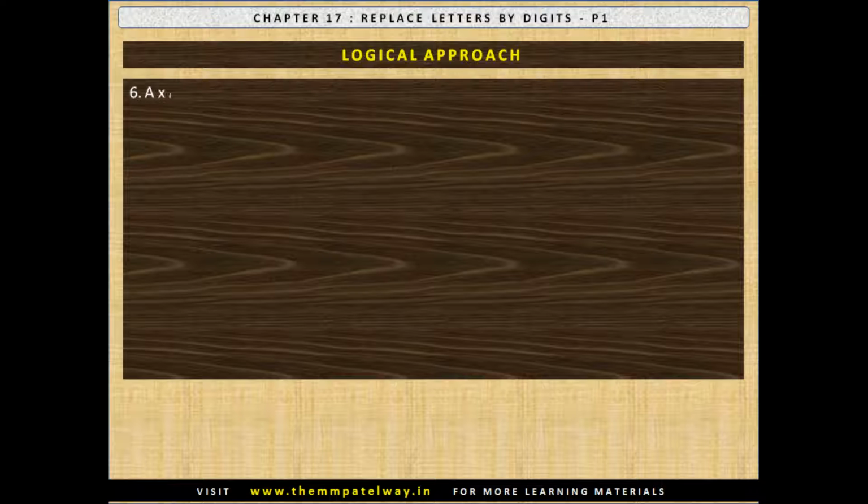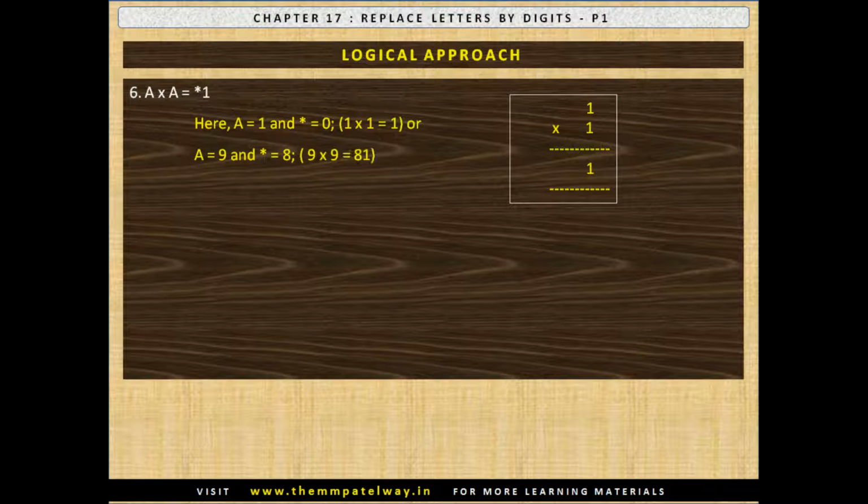Now 6. A into A equals star 1. Here there are two possible answers. A will be equal to 1 and star will be equal to 0 because 1 into 1 we will get 1. The second possibility is A equals 9 and star equals 8 because 9 into 9 equals 81. No other digit will fulfill the given condition.